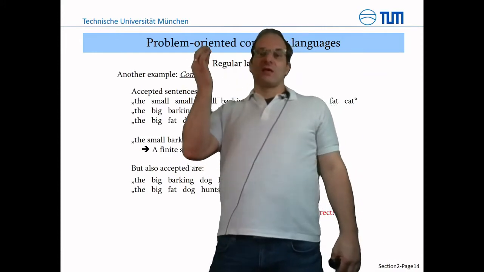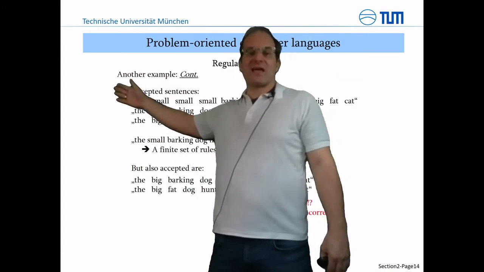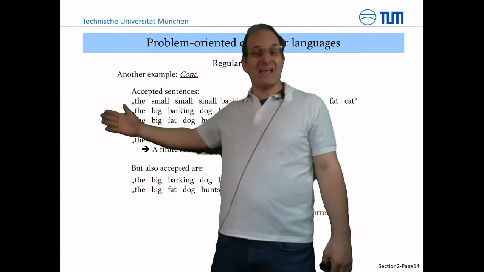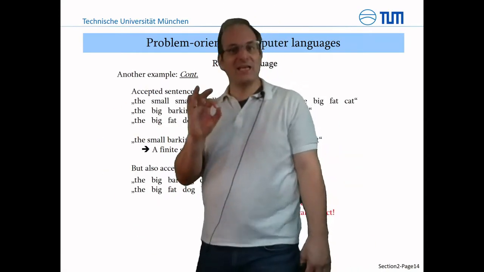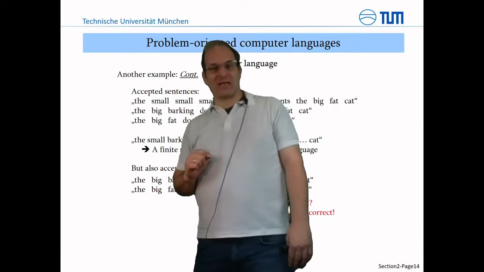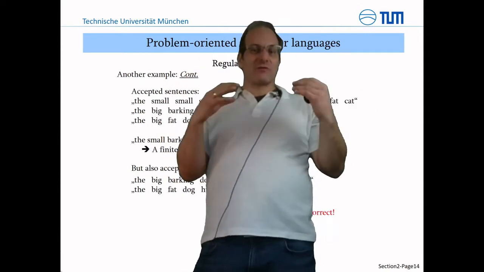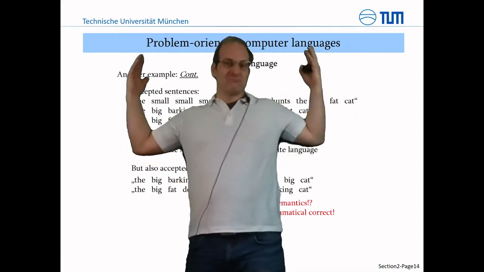So, for example, in a program, if you do definitions or commands, then you will see that you can create situations which fulfill exactly what you are allowed to do in your programming language. But the commands or the sequence of commands do not make any sense, because they do nonsense.